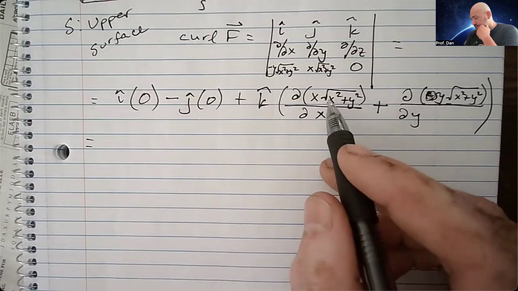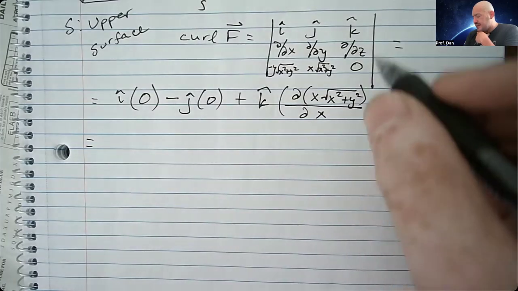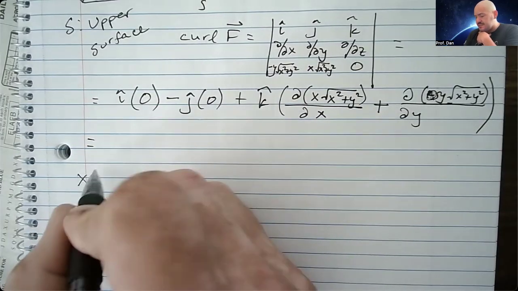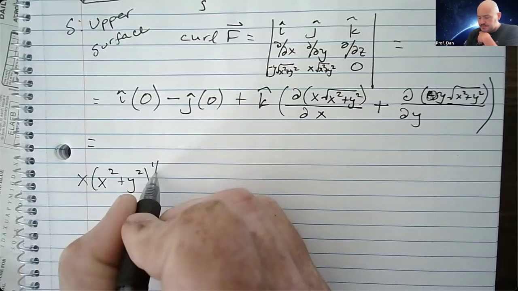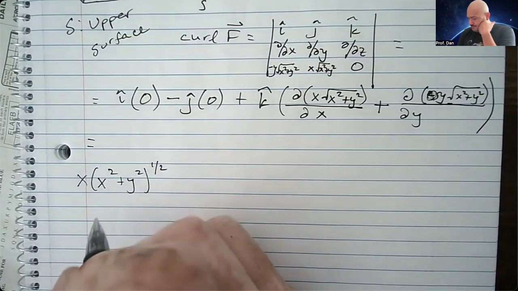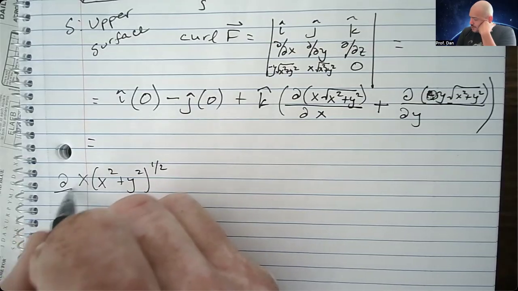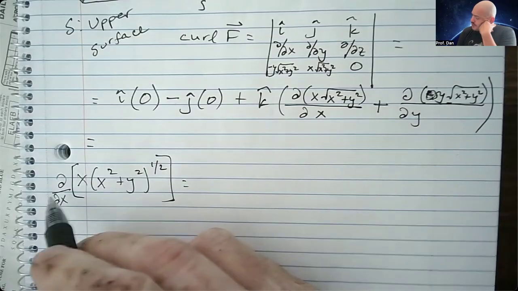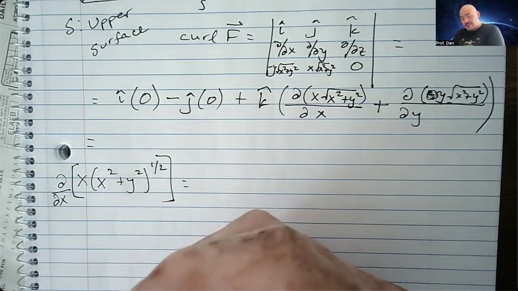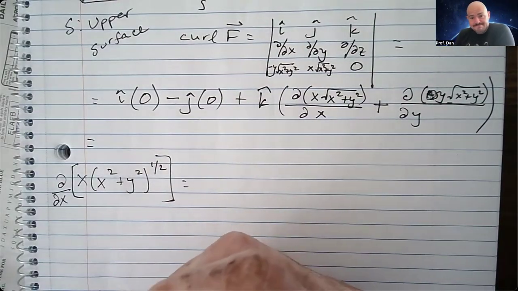Looking at this one, remember we can write x times this square root part like so. If I take the partial with respect to x of all this, I end up getting a product rule with chain rule.